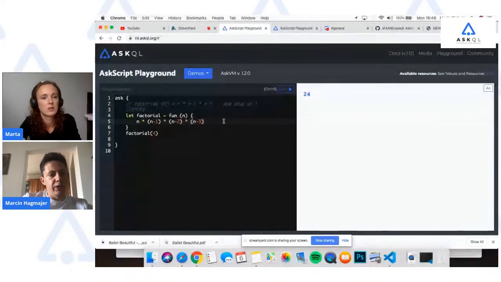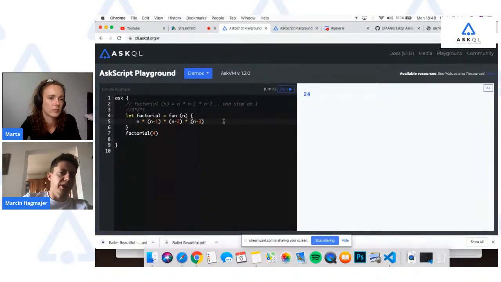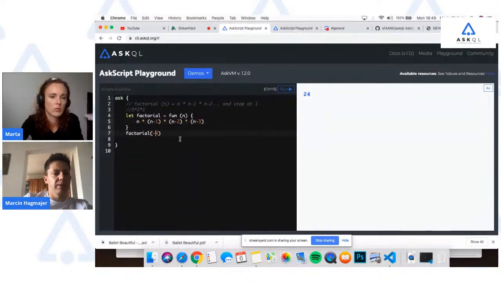Okay, so let's do exactly what you said. Let's start with the condition. Let me show you how conditions work. Let's imagine that someone didn't know how factorial works, and they put -4 into the function. What should happen in our program?